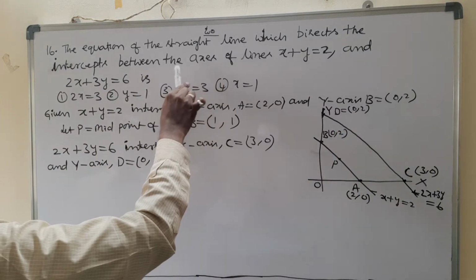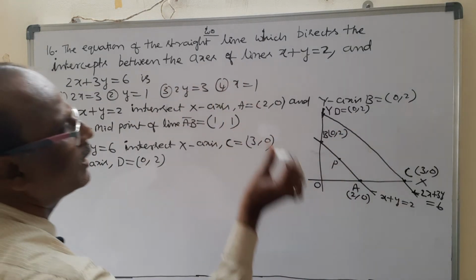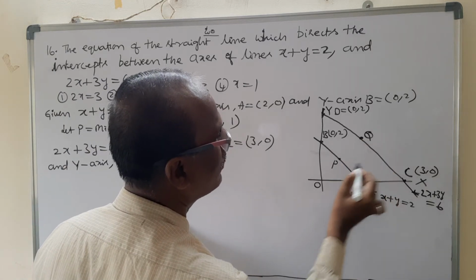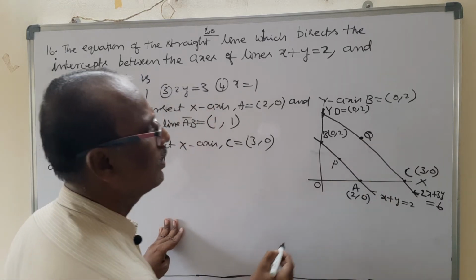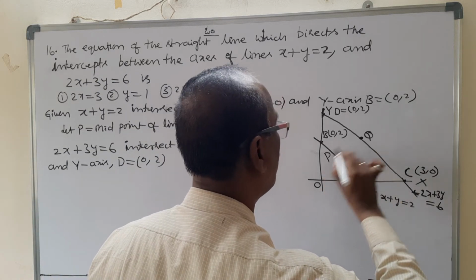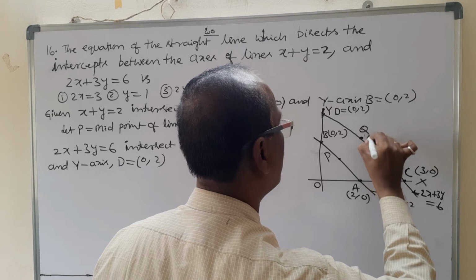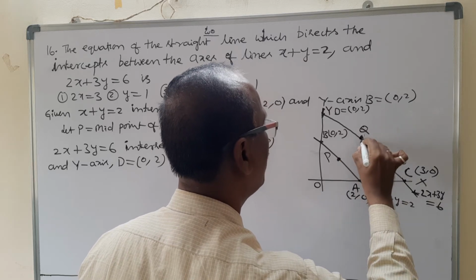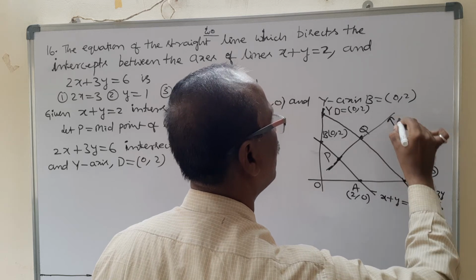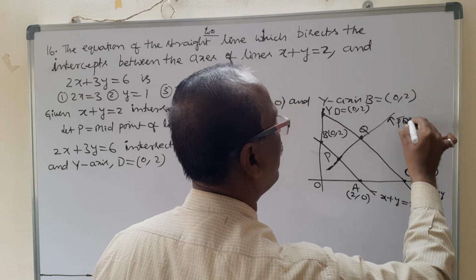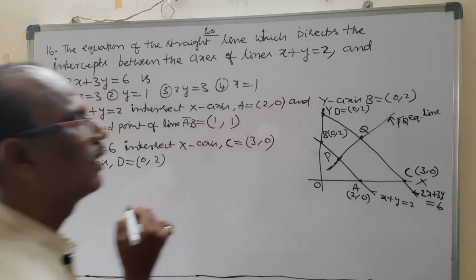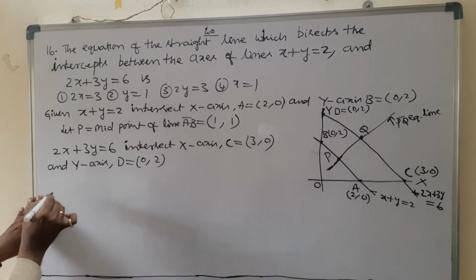Here, the line bisects the intercept, which means the midpoint. Let Q be the midpoint of CD. Here in this question, this point is P, this point is Q. To find the PQ line equation.